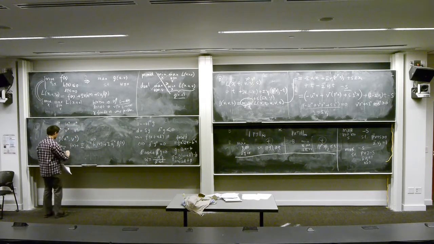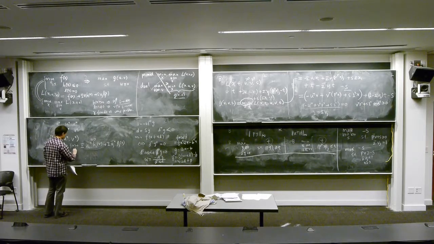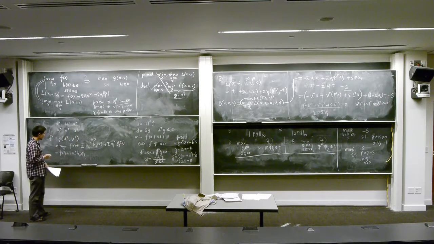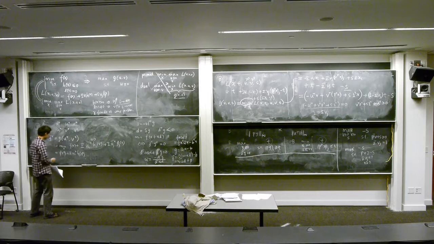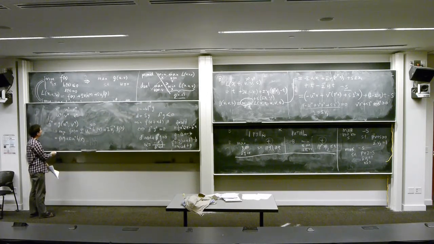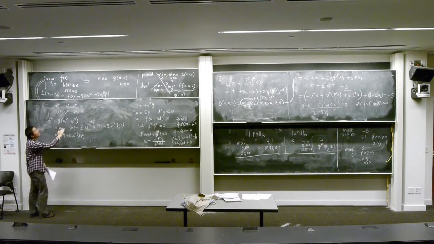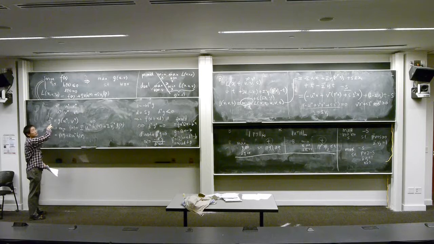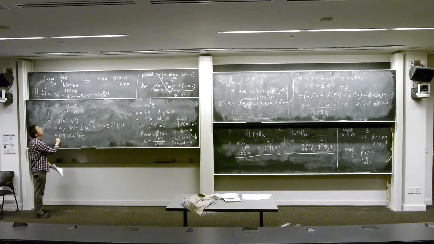So u_i star h_i(x star). And by duality, I have that my dual optimal should be smaller than the primal optimal. So it should be f(x star).